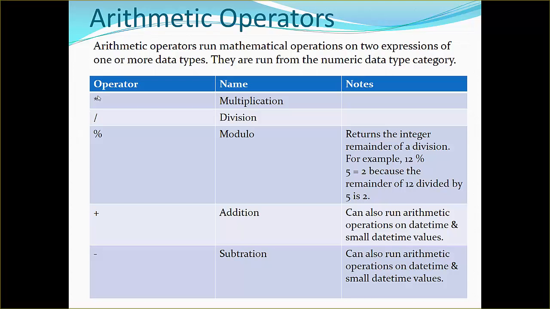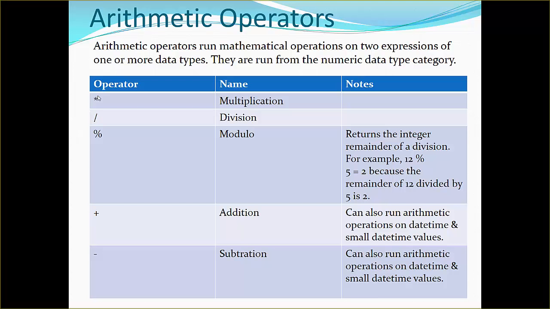But the modulo is very simple. It just returns the remainder of a division between two numbers, right? So let's say you say 12 modulo 5, right? Normally, if you divide 12 by 5, it goes 2 times, and 2 times 5 will be 10, remainder 2, right?